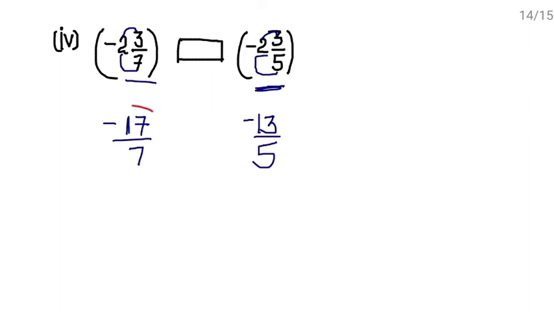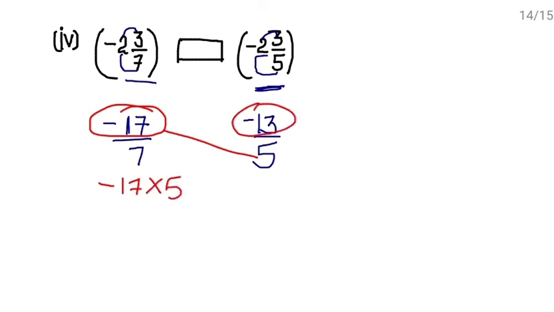Now cross multiply them. Firstly write this numerator minus 17 multiplied by this 5. Write this numerator minus 13 multiplied by this 7. 17 5s are 85 of minus sign. 13 7s are 91 of minus sign. Now both the values have minus sign.